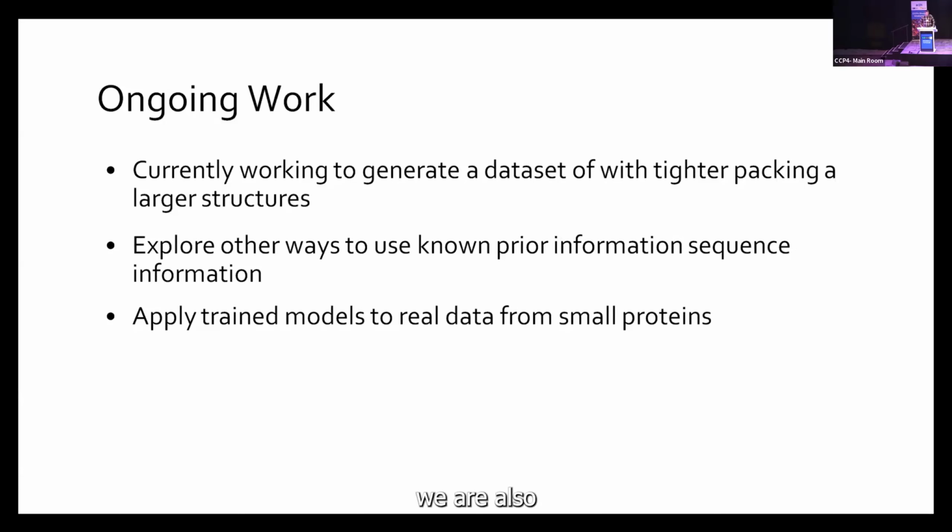We are also looking at other ways of using additional prior information, and we're working to move to larger cases. In the P21 case, we essentially have 30 residues in the unit cell, and we're looking to move closer to 100 residues in our next data set that we're generating now.